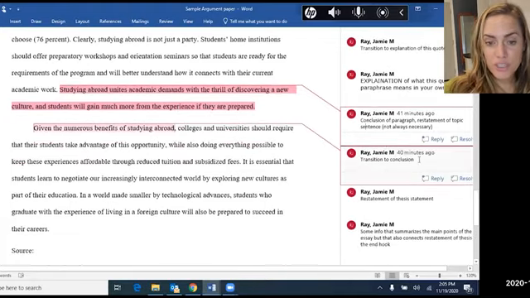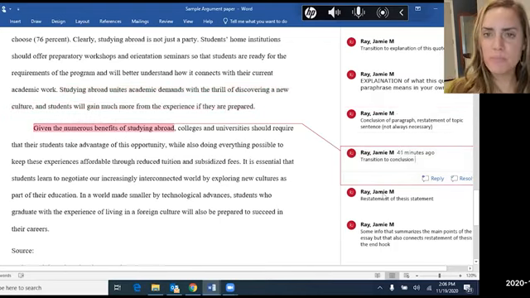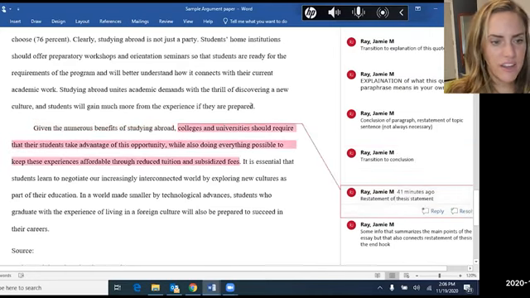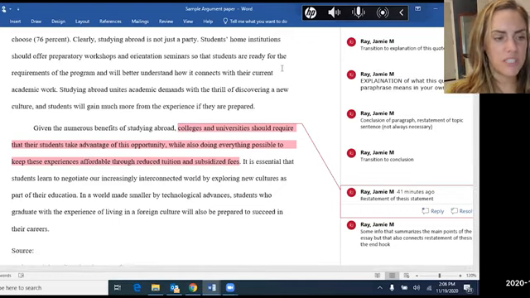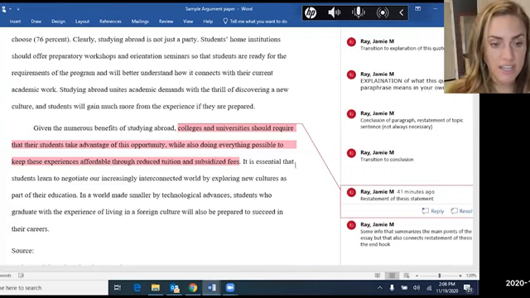And then you have the conclusion paragraph, the last paragraph of the essay, the concluding paragraph, transition to it. "Given the numerous benefits of study abroad, colleges and universities should require that their students take advantage of this opportunity while also doing everything possible to keep these experiences affordable through reduced tuition and subsidized fees."